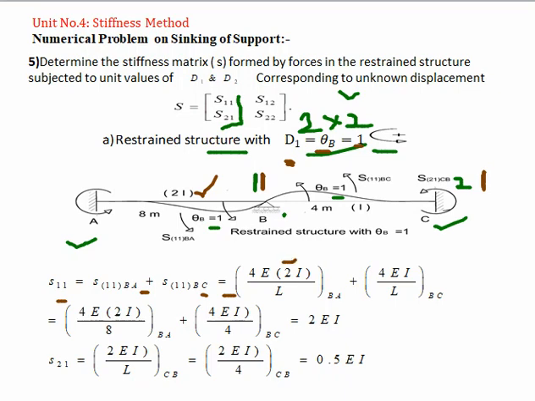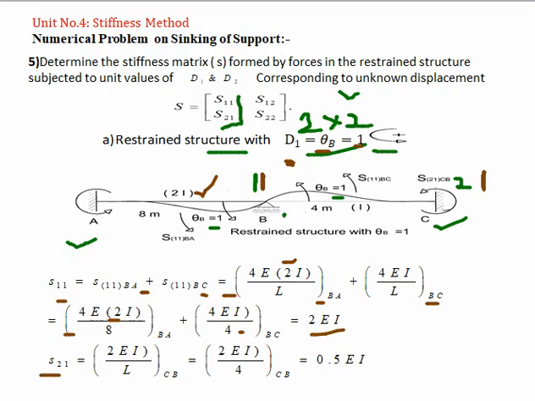So put here BA plus 4EI by L for BC, because at B two members are connecting, so we have to consider two moments generated for the connecting members. By putting the value of L, we have 4E, now I is 2I, divided by 8 for span BA plus 4EI by 4 for span BC. So we will get 2EI.